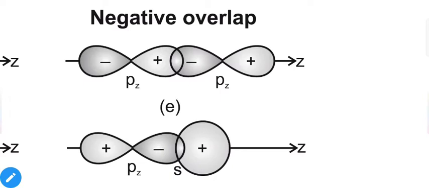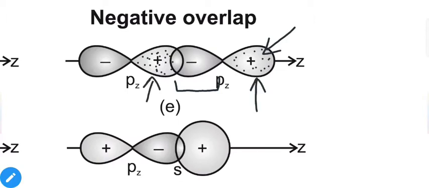If two different atoms approach like this, they will be unable to form a bond. The probability of finding the electron in this region will be comparatively high, but for the second atom the probability will be almost zero on this side of the lobe, and you will find the electron somewhere here. So the electrons are comparatively away from each other, and bonds cannot be formed.